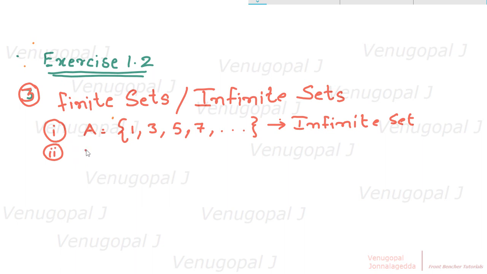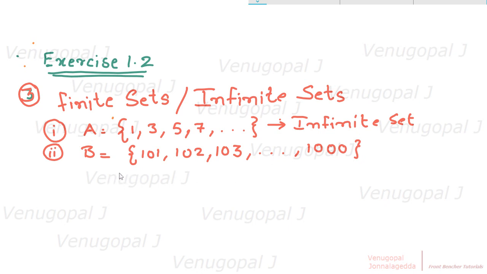Now next is B. Set B is equal to, the second question, 101, 102, 103, dot dot dot, ending with 1000.